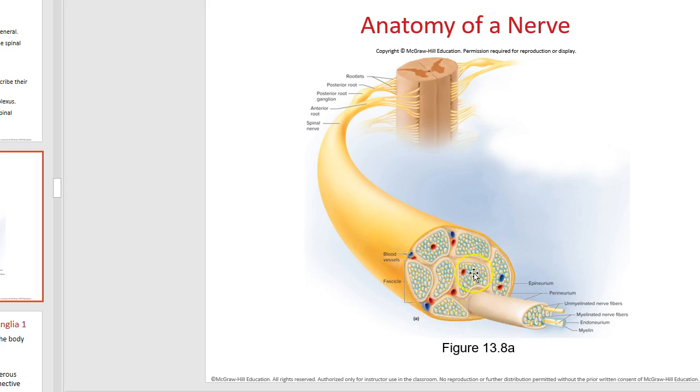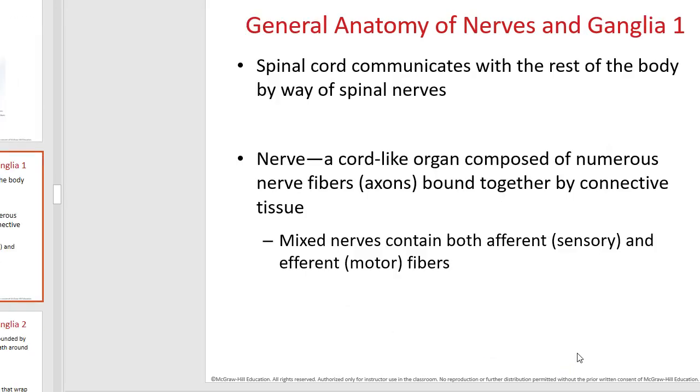Kind of looks like the muscles if we go back to looking at that. Nerves are cord-like organs composed of numerous nerve fibers. We have some mixed nerves. Mixed nerves mean that they have sensory or afferent and motor, which is efferent. We're going to see that throughout this chapter, going back and forth with nerves.